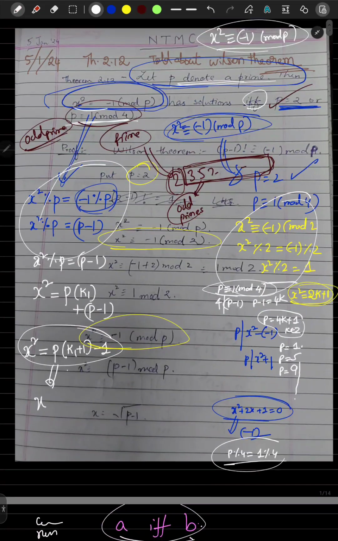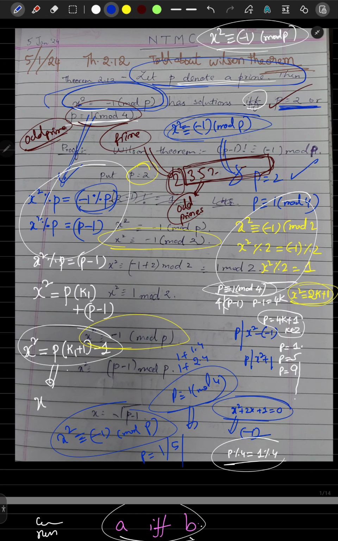What do you understand from this theorem? We are saying that x squared is congruent to minus 1 mod p has solutions when p is congruent to 1 mod 4. What do you mean by this? What are the possible values of p? p can be 1, or 1 plus 1 into 4, that is 5, or 1 plus 2 into 4, how much? 9.